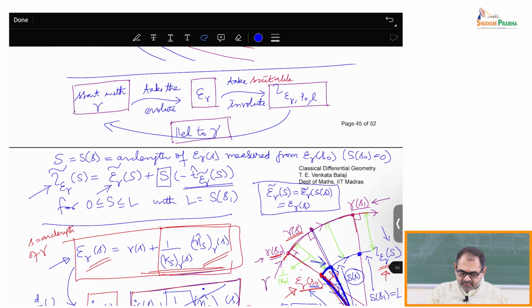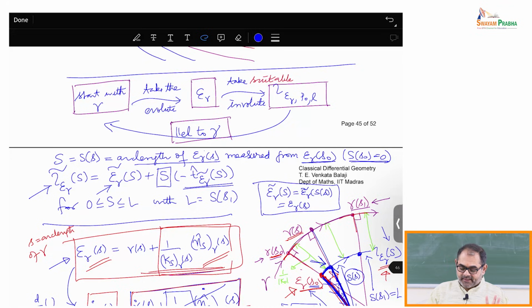And here the point is I am writing everything in terms of capital S, not small s. Capital S is the arc length of the evolute, which I am measuring from the point corresponding to small s equal to s naught, for which I am assuming the capital S value is 0.